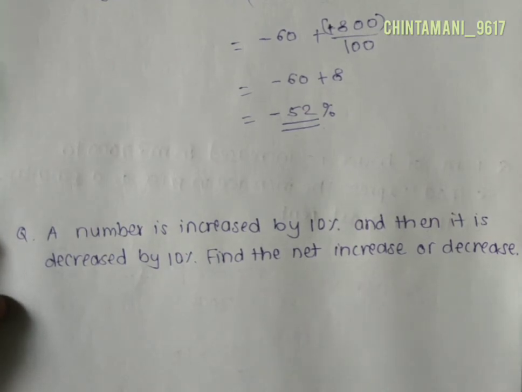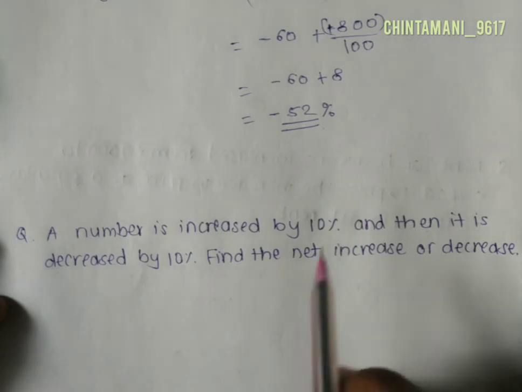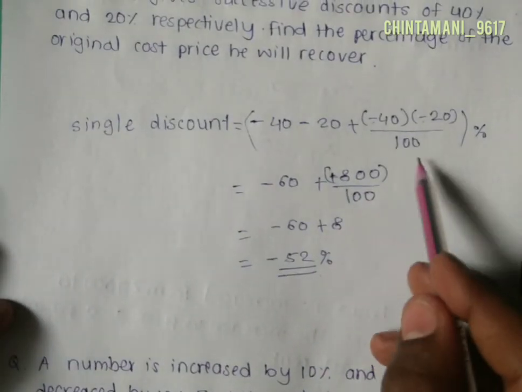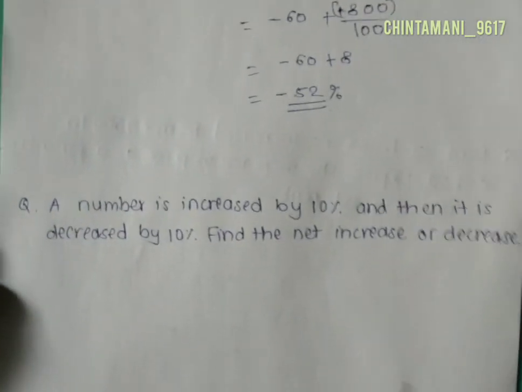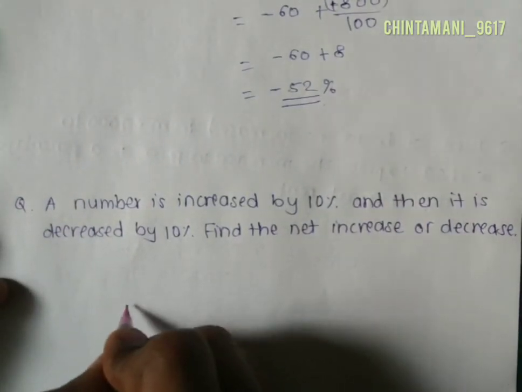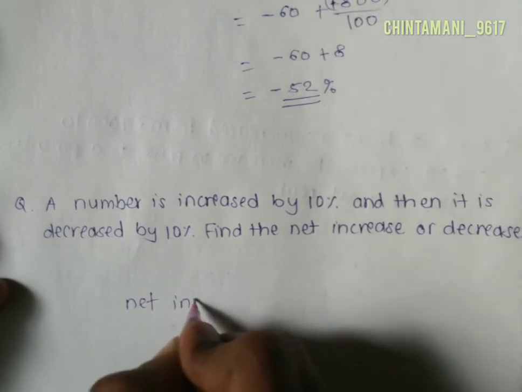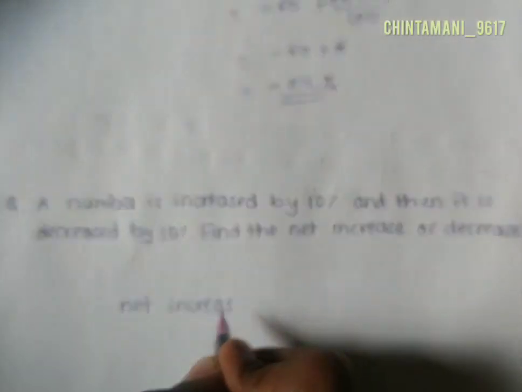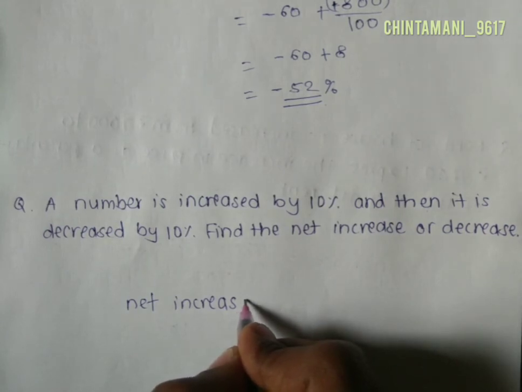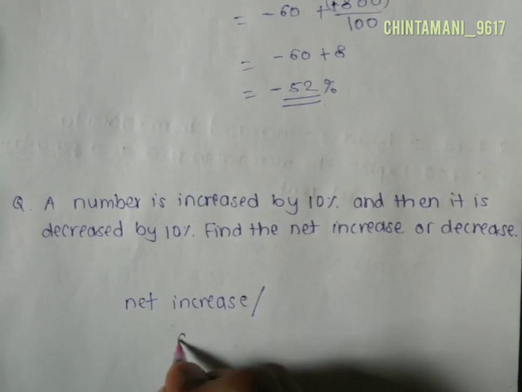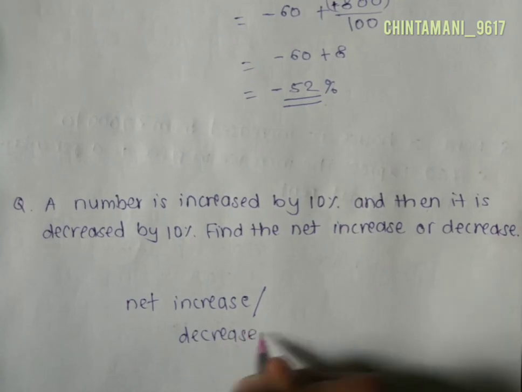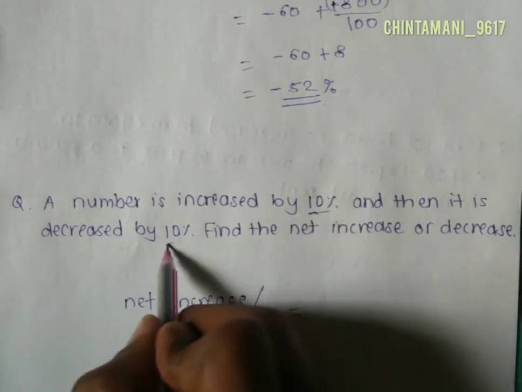As we have discussed earlier, if a number or any value is increased by 10% and similarly decreased by the same number, that is 10%, then without using this formula, we can write the net increase or decrease as 10, 10.